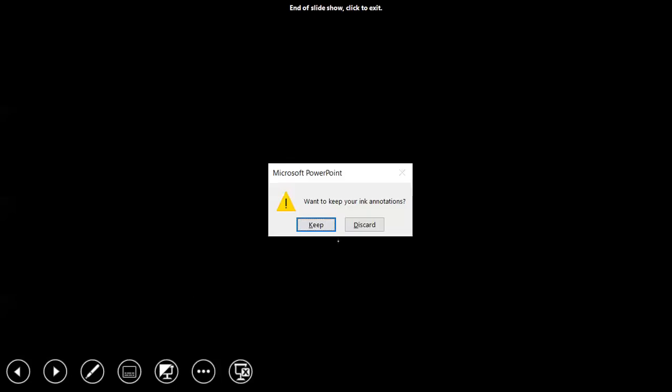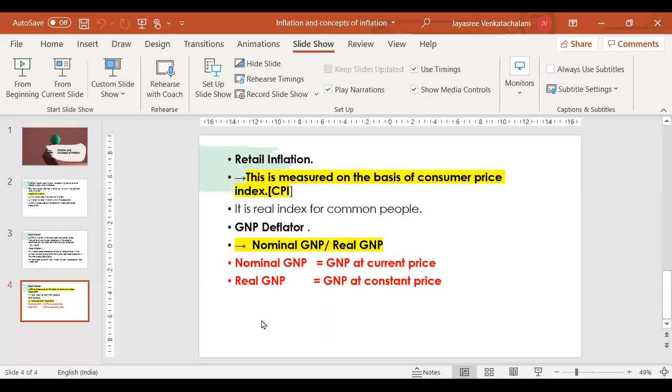Now we are going to continue with the effects of inflation.